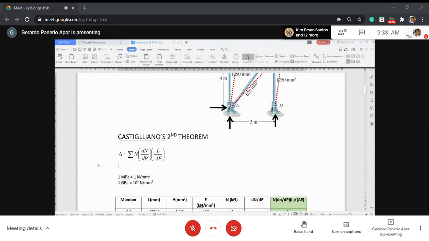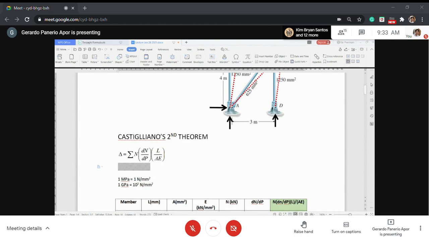So delta is equal to, we still have the summation sign. We still have the n, and then the next is I will have this one.